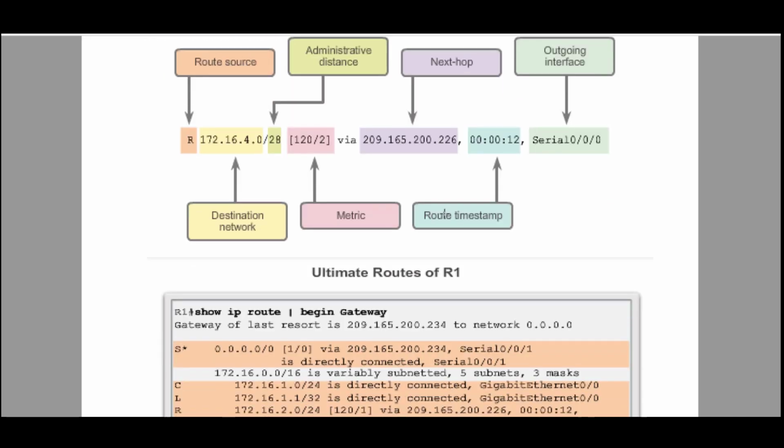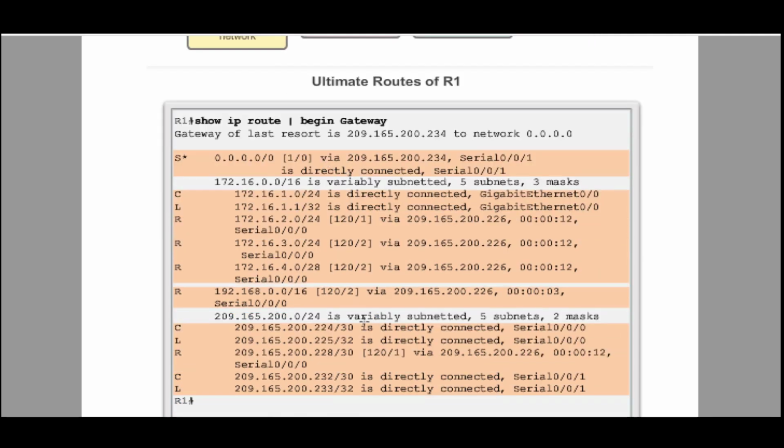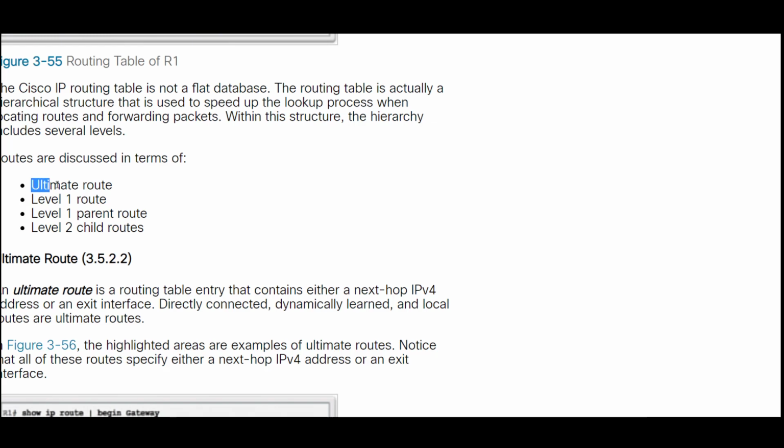Then the next one is called ultimate route. What is an ultimate route? It is not properly given in your slides, so let me go to a website. One is called ultimate route. Second one is a level 1 route. Third one, level 1 parent route, and level 2 child routes.